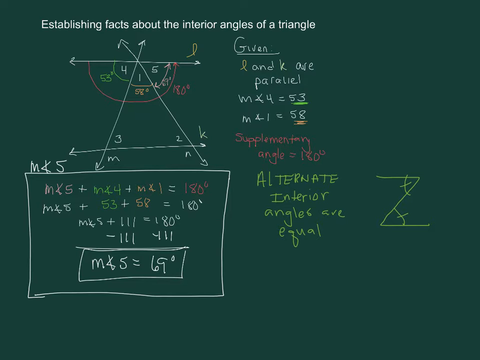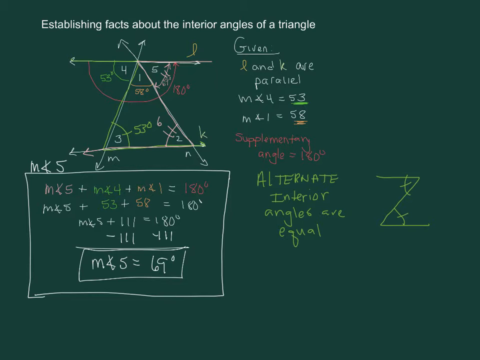Okay? So again, we've got a Z formation right here, meaning that this is also 53 degrees. And because this is 53 degrees, I can now look over to angle 5, and if I do another Z in the opposite direction, angle 2 is the same as angle 5.